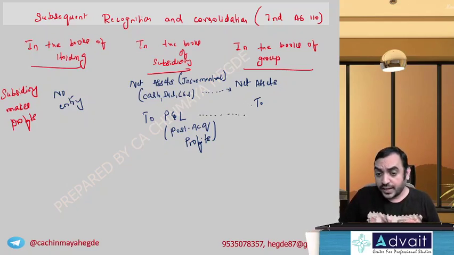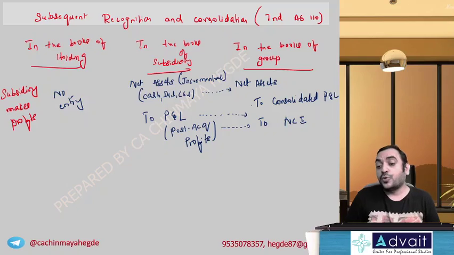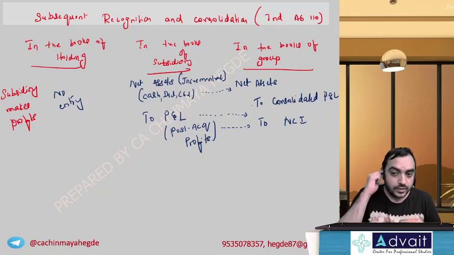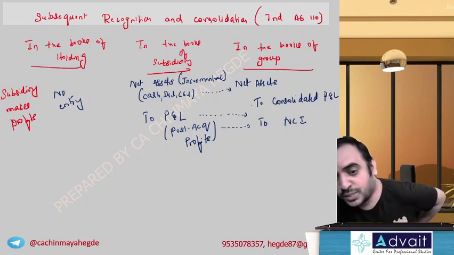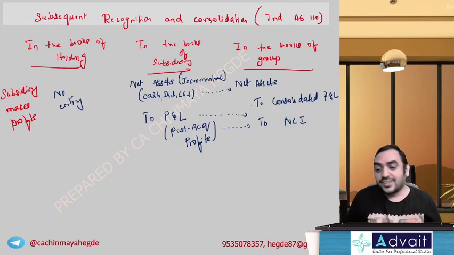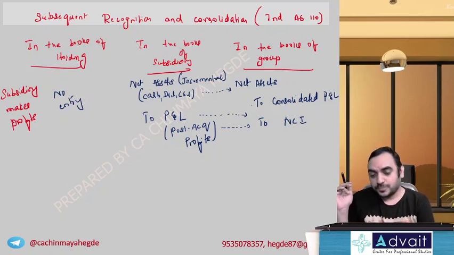The holding company share will be transferred to the consolidated P&L account, and the outsider share will be transferred to NCI proportionately. So to consolidated P&L account, to NCI, outsider's share.